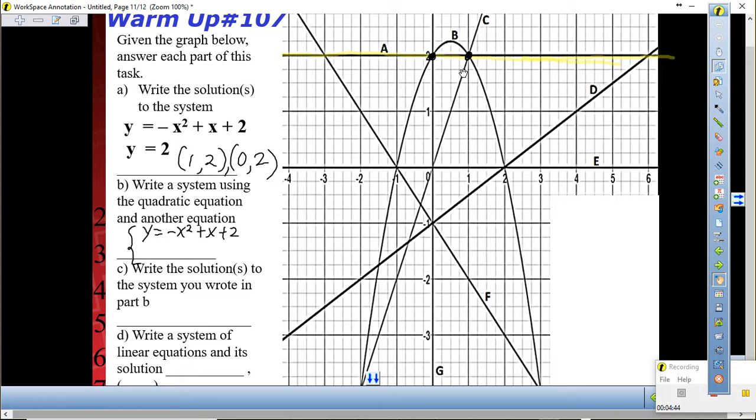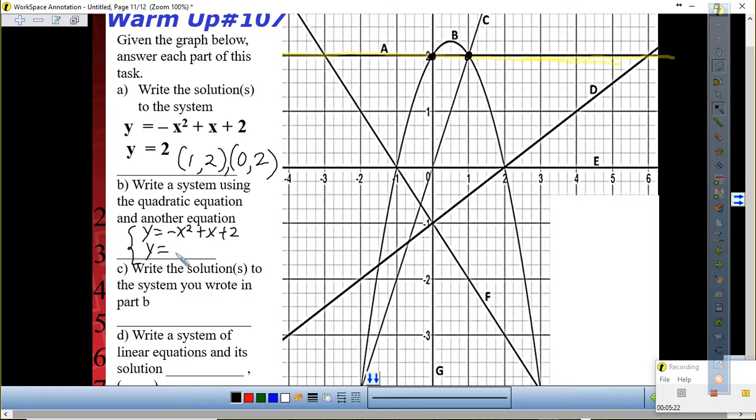So you already wrote your system, yes? All right, good. Let's see. What system did you write, Garrett? Y equals 0. Let's see. And that's letter E. Is it going through 0? Yes. Is it 0 slope?